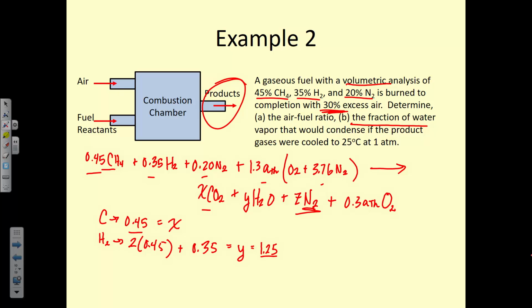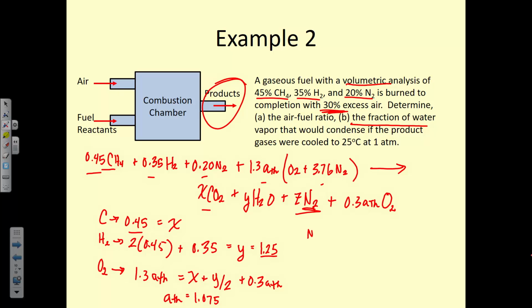X is 0.45. Then we can look at our oxygen. So we have 1.3 times the theoretical amount of air times our oxygen is equal to X plus Y over 2 plus 0.3 A theoretical. We can solve this for A theoretical, which is equal to 1.075.